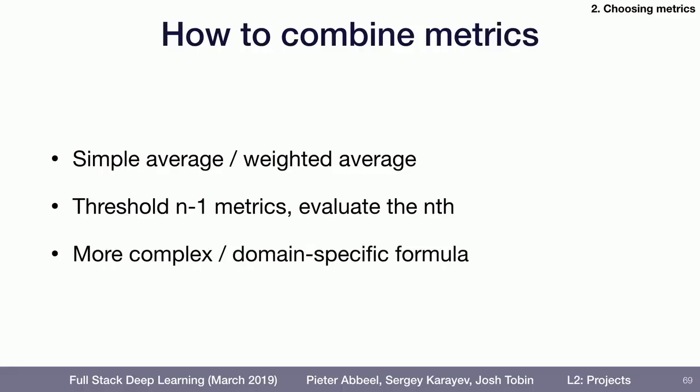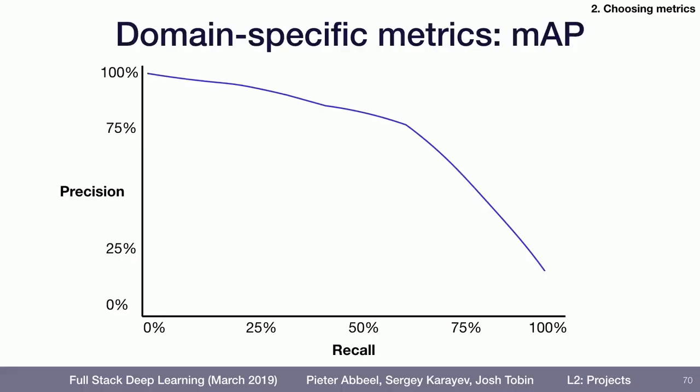For many domains, like precision and recall, there are domain-specific formulas that you can use. And so one that you'll see for precision and recall is called the mean average precision, or MAP. And the idea here is for every recall value, you can adjust the threshold that you use to pick yes or no for your model. And then that gives you a different precision score.